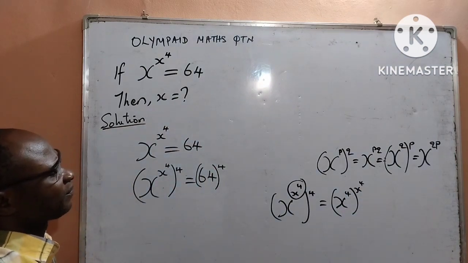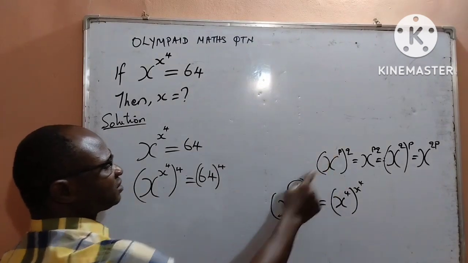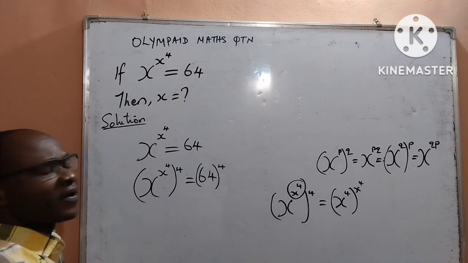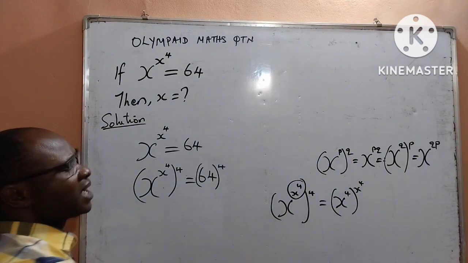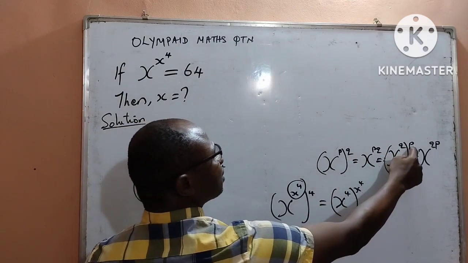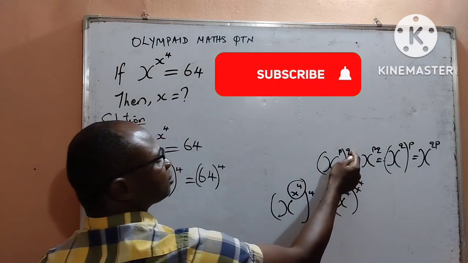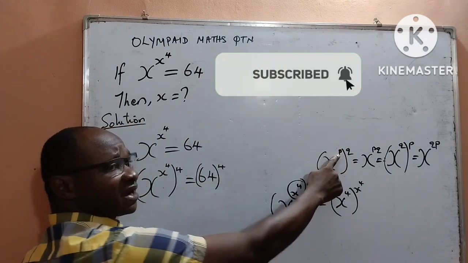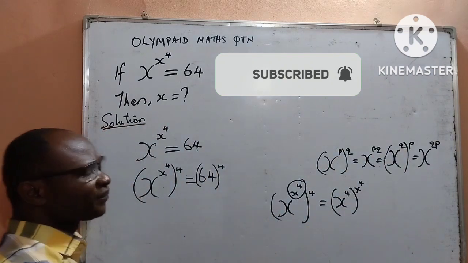What does that mean? If my p is x to the power of 4 and my q is 4, it is equal to x to the power of q, then to the power of p, which means I can move my q inside the bracket and my p outside the bracket, as you can see here.